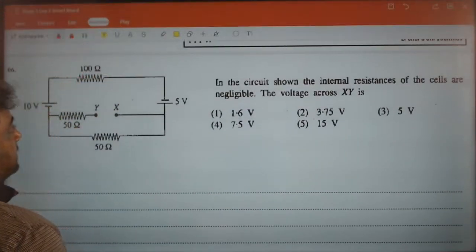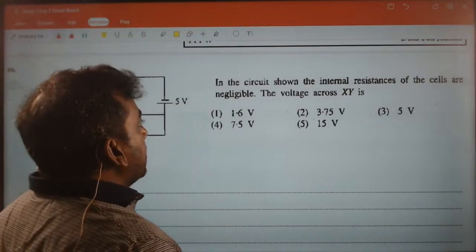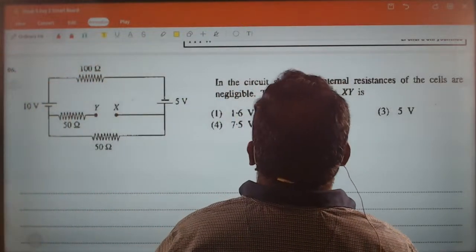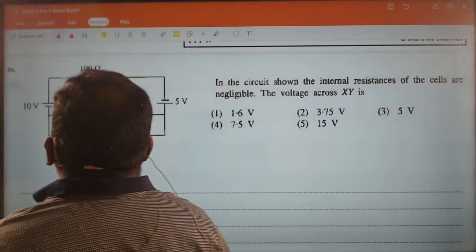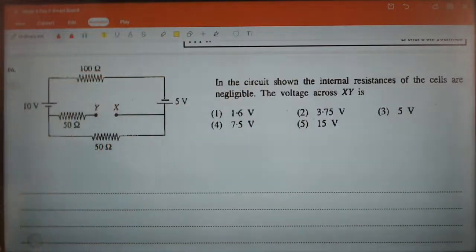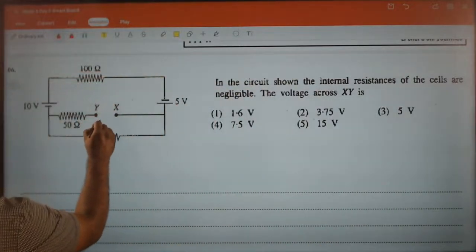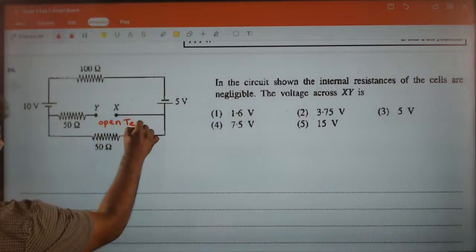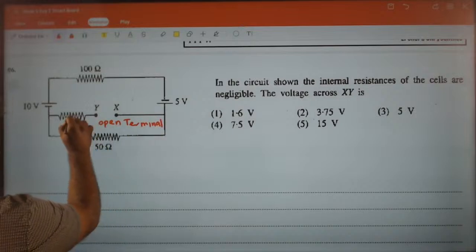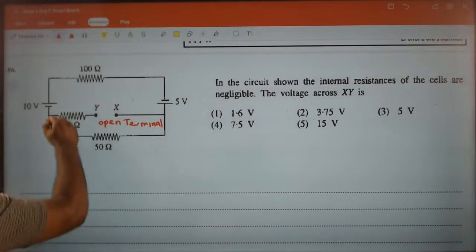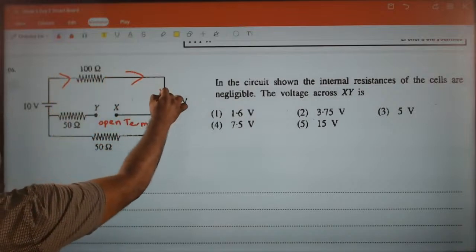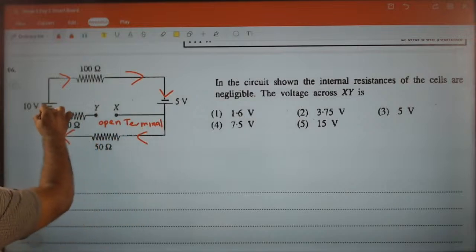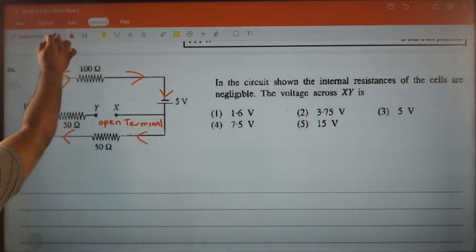Question number 6. In the circuit shown, the internal resistance of the cells is negligible. Find the voltage across XY. These are open terminals. Open terminal means no current here, so current should go through that.